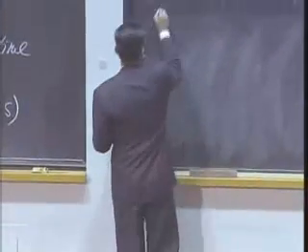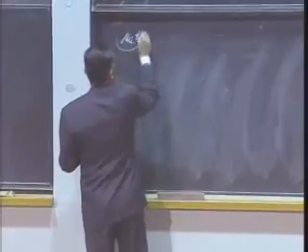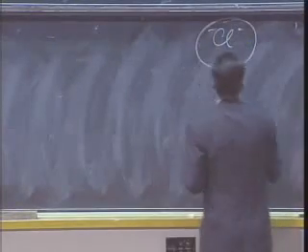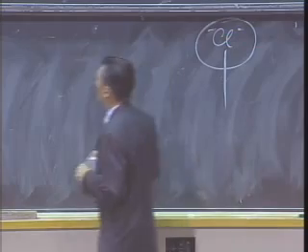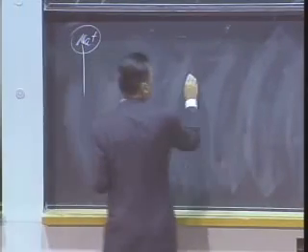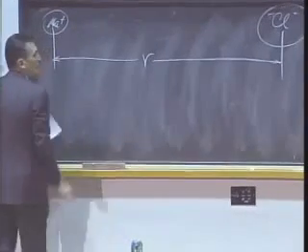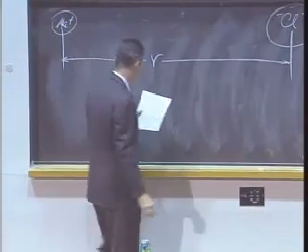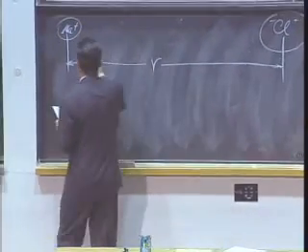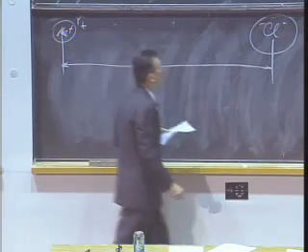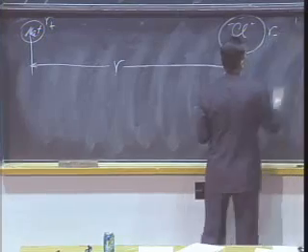So for example, if I have a sodium ion over here, and I have a chloride ion over here, where the distance from center to center I'm denoting as R. This is nucleus to nucleus separation. And let's say that sodium has a radius R plus, and chlorine has a radius R minus.